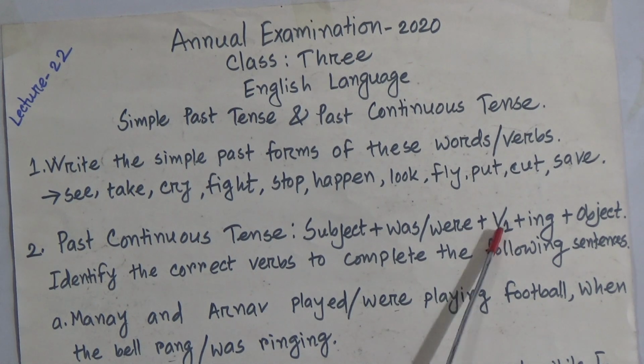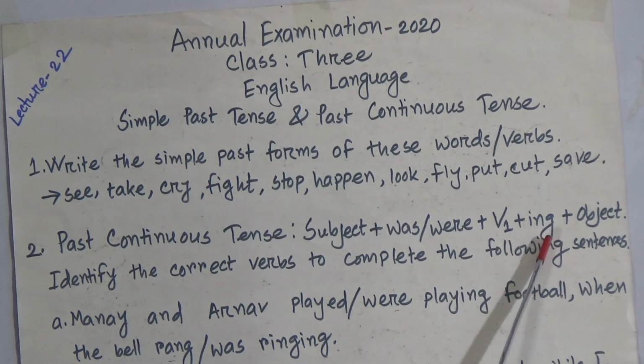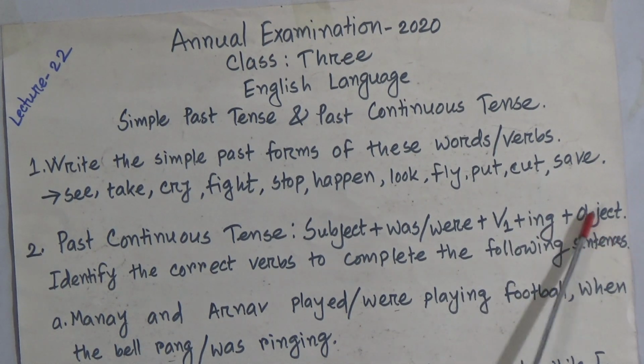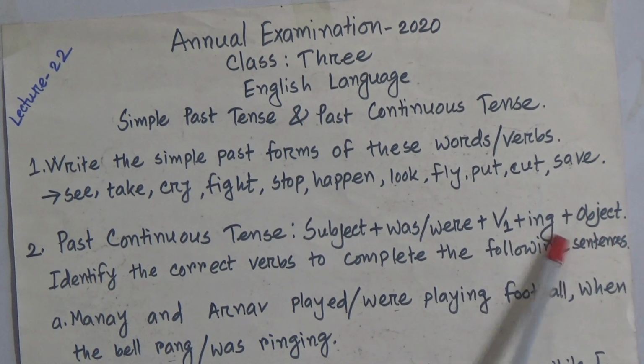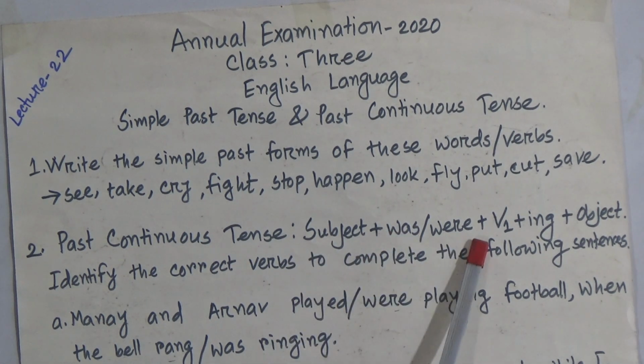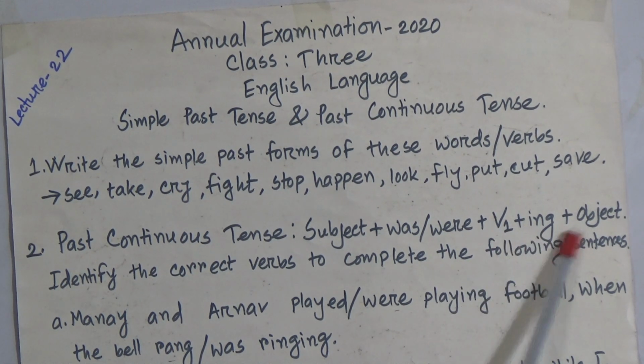After that the first form of the verb, that means V1, the present form of the verb, then ing along with the verb. After that you have to write the object or extension. So the structure would be subject plus was or were, then the verb's present form along with ing plus object.